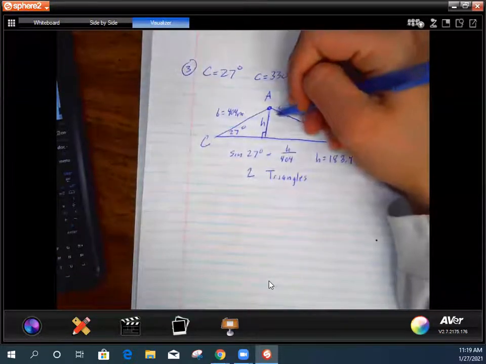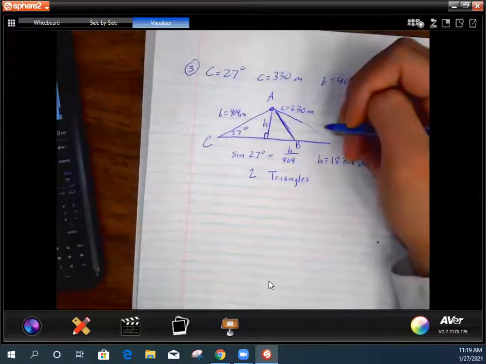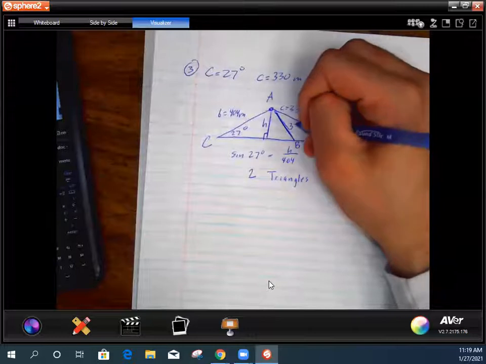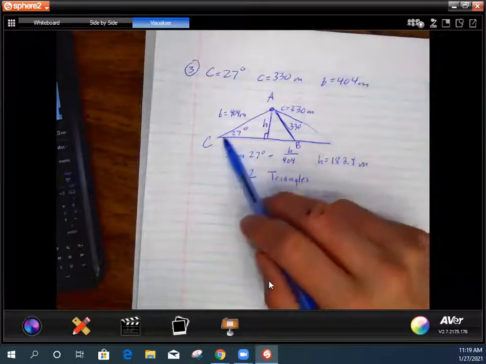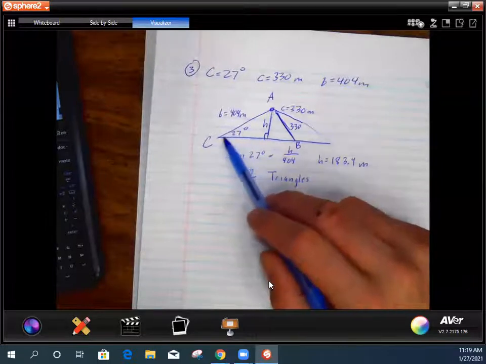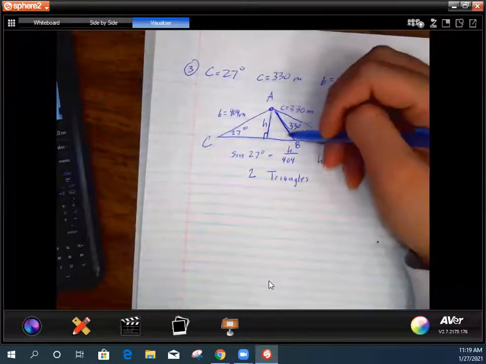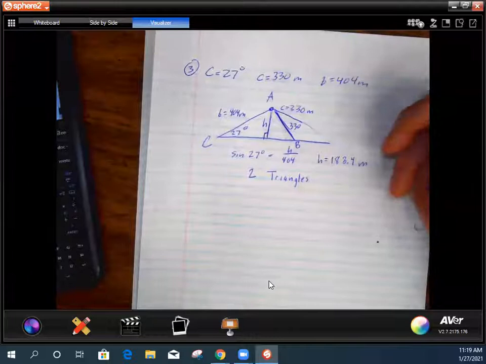All right, one of them is going to reach there and create triangle ABC, where it looks like this, where C is 27 degrees, side B is 404, and side C is 330. And this angle here is going to be acute.